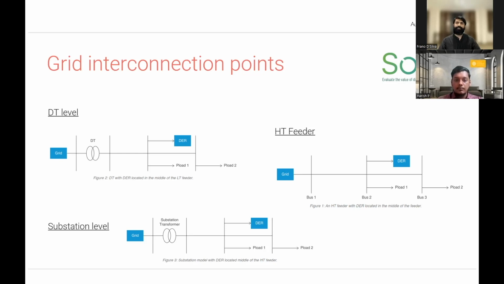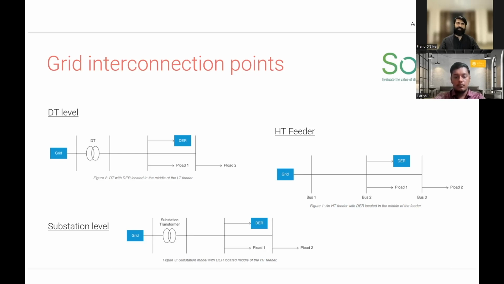On the high tension feeder level, it will be closer to the high tension feeder, and on the substation it will be closer to the substation level. The tail end will be at the point of consumption, while the middle end will be at approximately the middle of that particular analysis level. So this is where we conduct the power flow analysis.